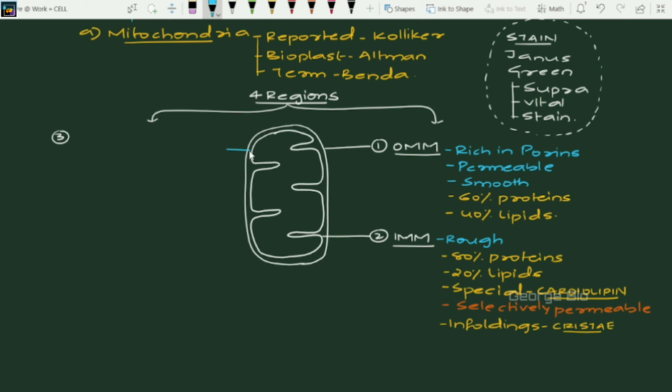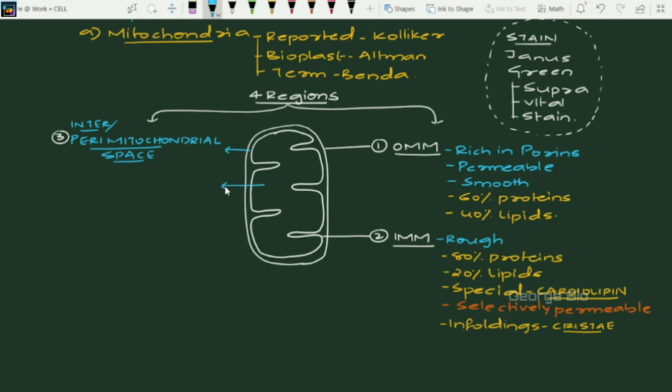The region present between the outer mitochondrial membrane and inner mitochondrial membrane is the perimitochondrial space, or else it can also be called the intermitochondrial space. And the last one, the inside region, the most important part, is the matrix region.